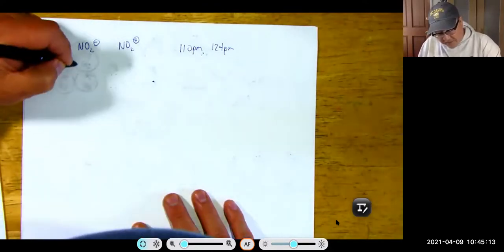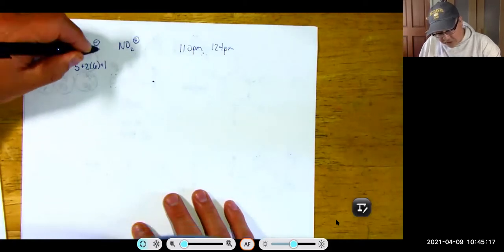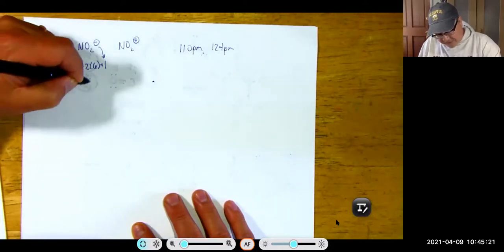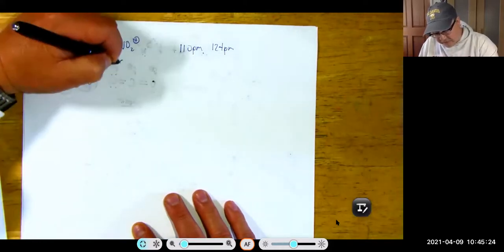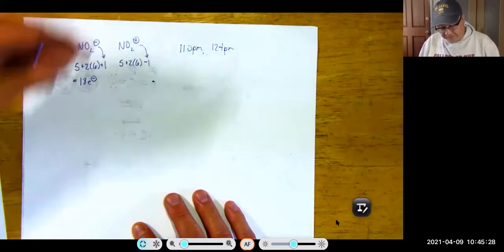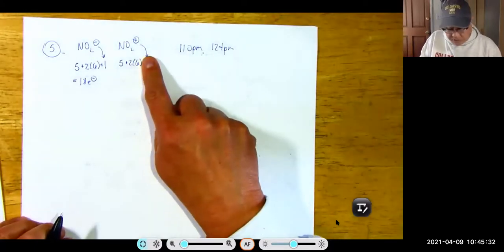So this one we have 5 electrons plus 2 times 6 plus 1 for the charge. So that comes out to 18 electrons. For this one, we have 5 plus 2 times 6 minus 1 for the charge. Because here, if we only had 17 electrons, it'd be neutral. To make it positively charged, we have to take away one of those electrons.